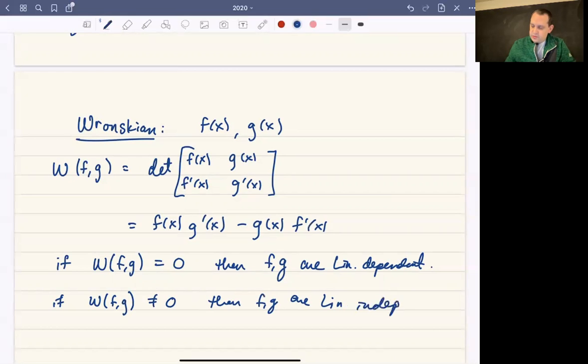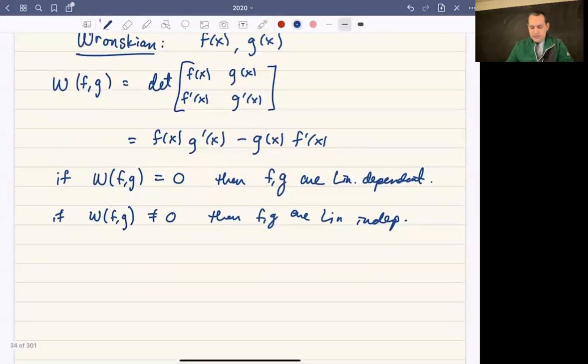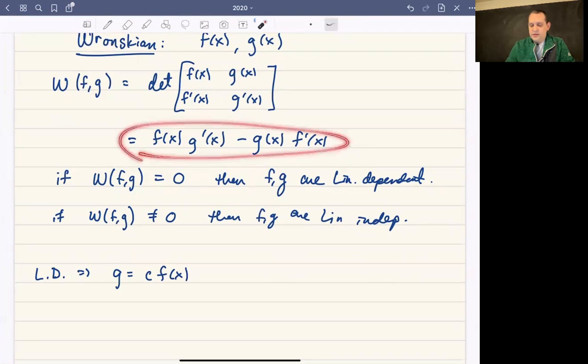I just want to show you how this works. Linear dependence implies that, say, g is some constant multiple of f. If that's the case, think about what's going to happen if you compute the Wronskian.